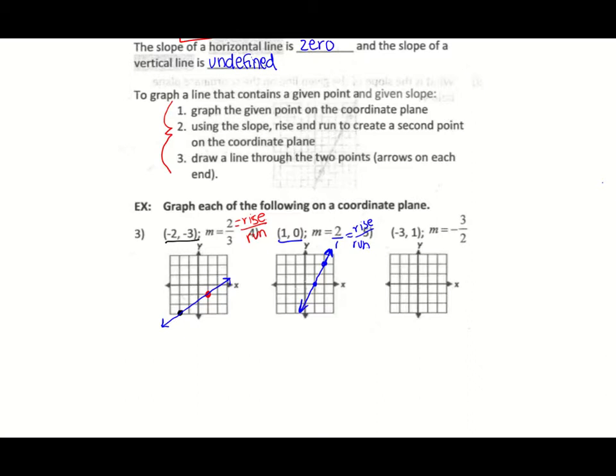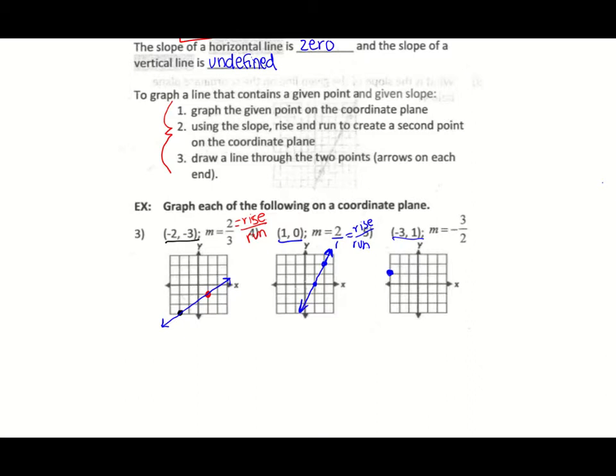One more example here. Our first point that we're going to graph is -3, 1. Start at the origin, -3 in the x, 1, 2, 3. 1 in the positive y. This is my point. And then my slope this time is a negative 3 over 2.